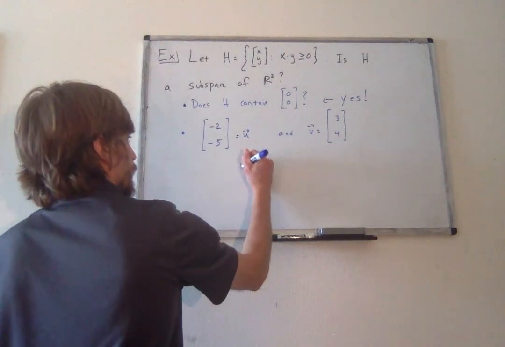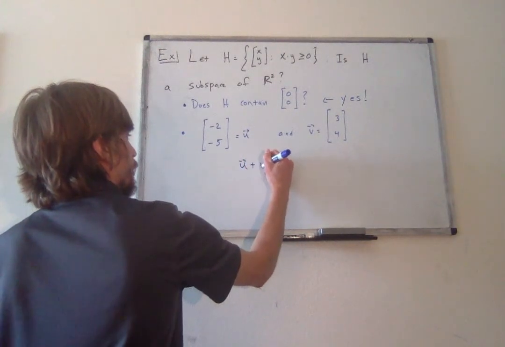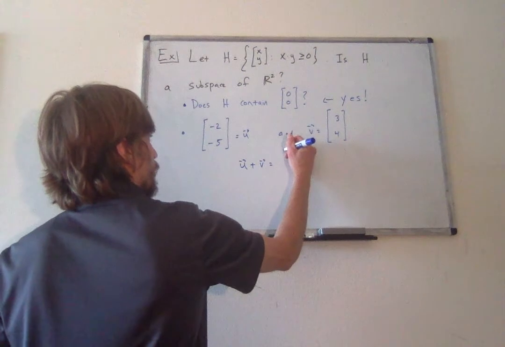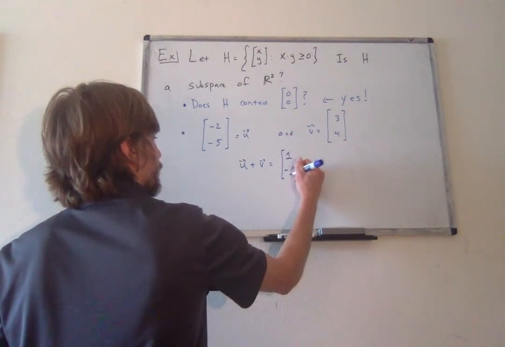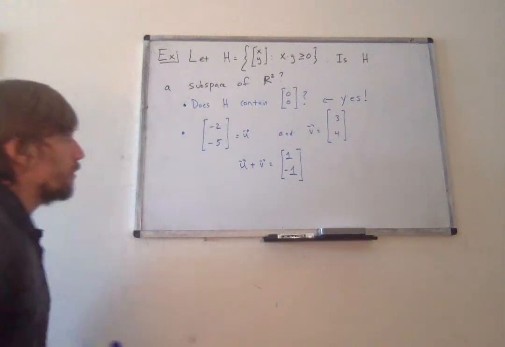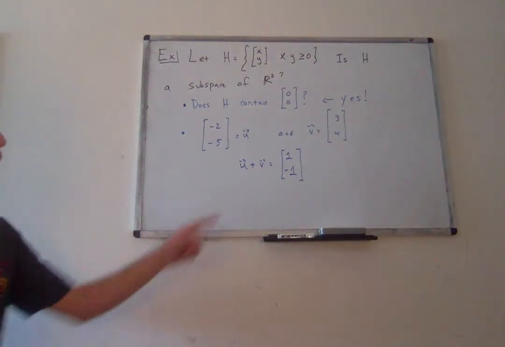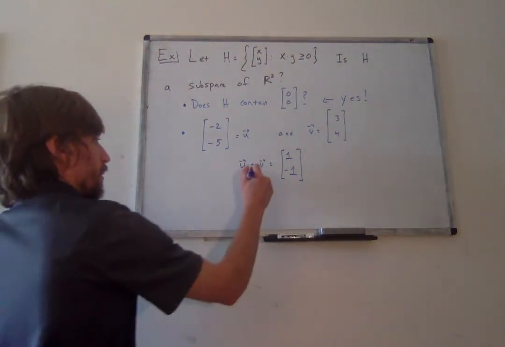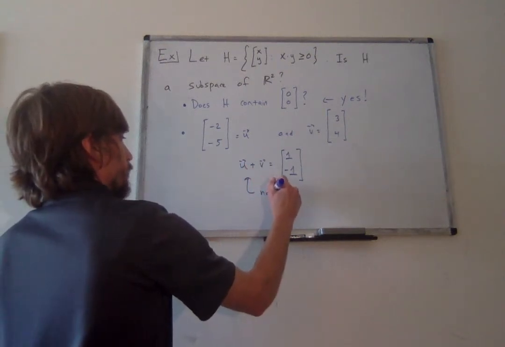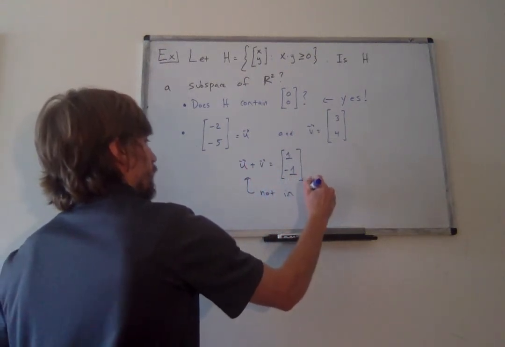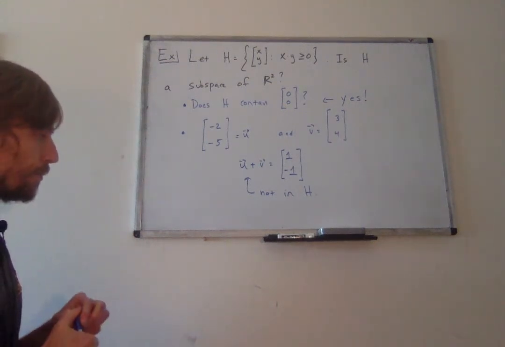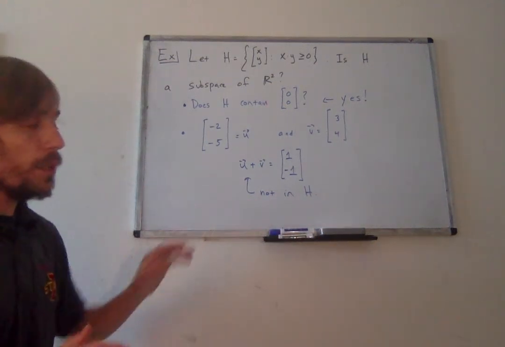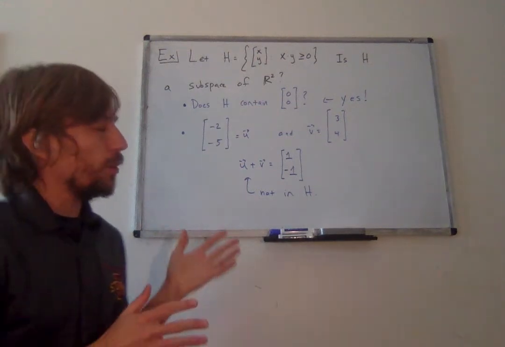Well, okay, so if each of these vectors is contained in H, then their sum should be contained in H. But notice their sum is (1, negative 1), and so this is not in H. And so this is not a vector space. So generally when presented with this question, I'll go through this.